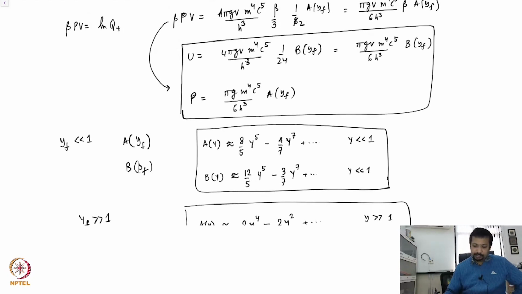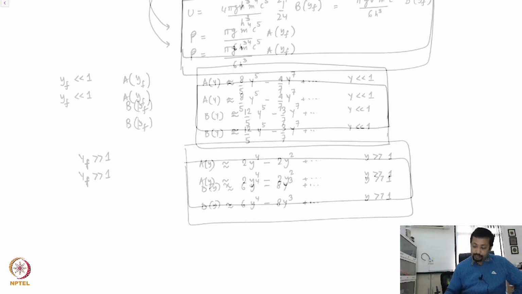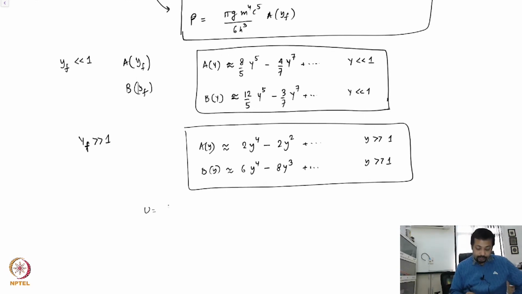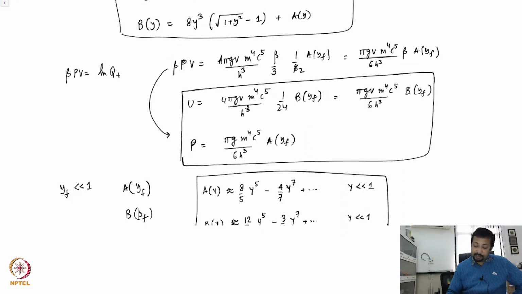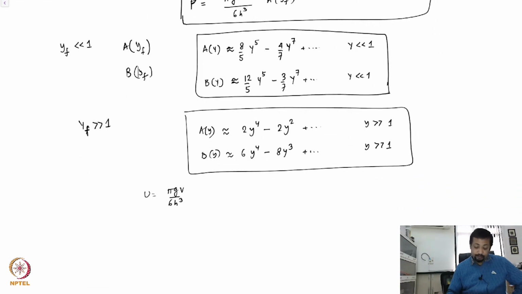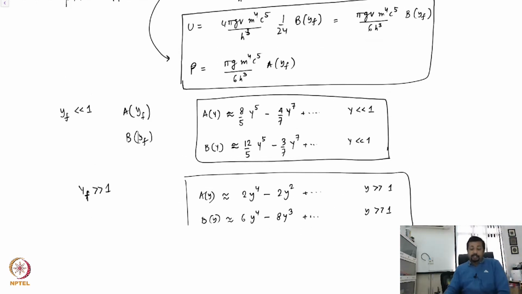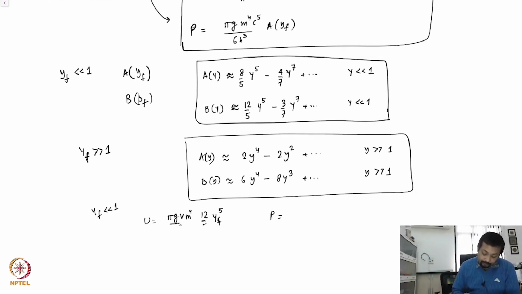And this means that if I look at this expression for these two, for the first limit I have U as pi g m^4 c^5 V over 6h cube, B of y_F, right? I had this expression for U. B for y_F much less than 1 is going to be 12 over 5 y_F to the power 5, and the pressure is going to be pi g, sorry, I have missed out the m^4 c^5, it is going to be pi g m^4 c^5.